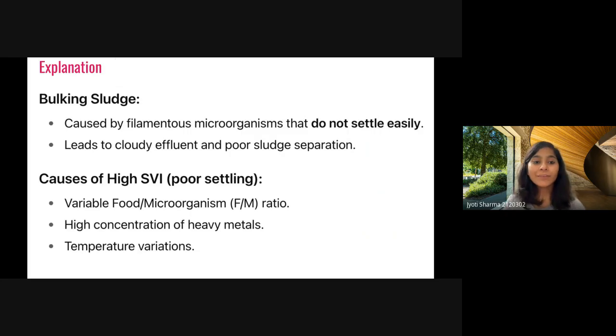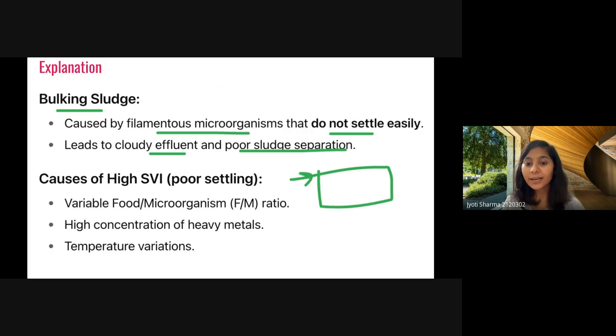And whenever we have bulky sludge, this is because of some microorganisms that do not settle easily. So it will be very difficult for us to do the effluent to sludge separation. Because we know now, we have polluted water, we have the aeration tank, and the clean water will go on.